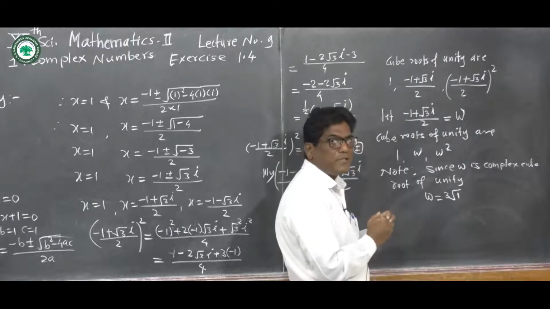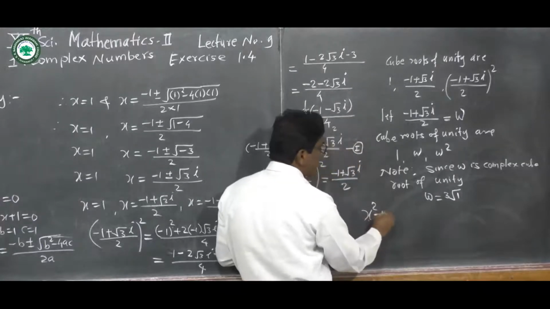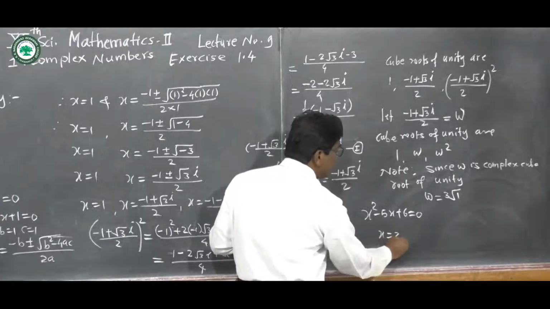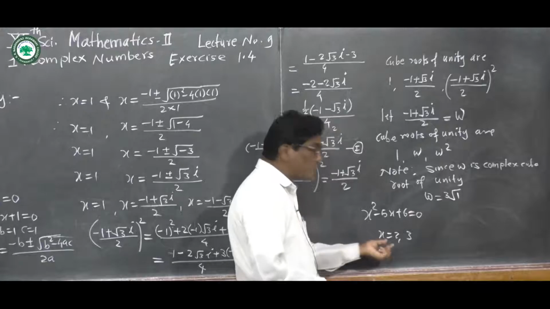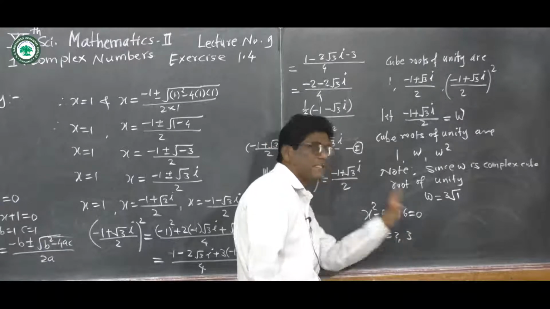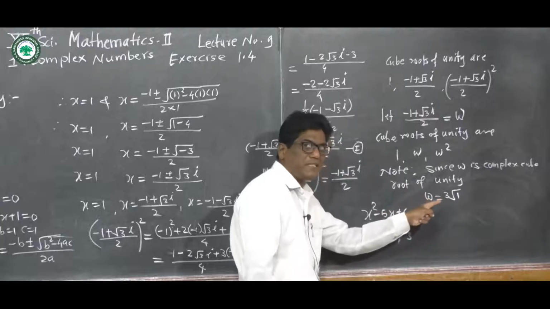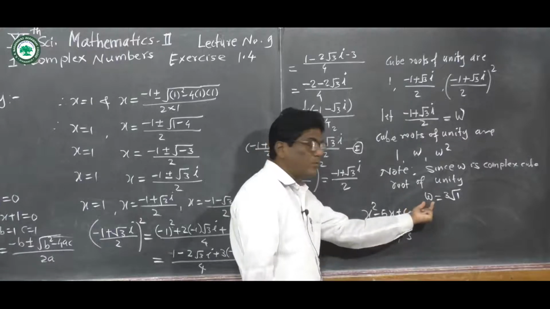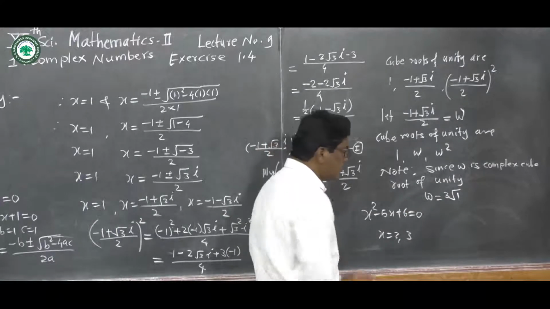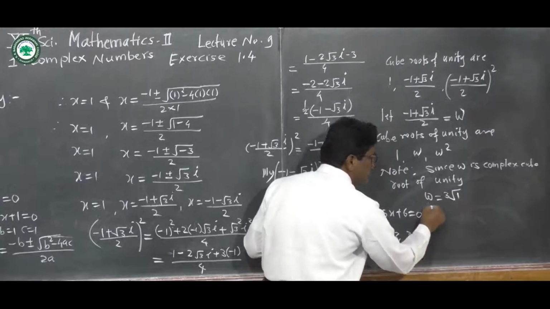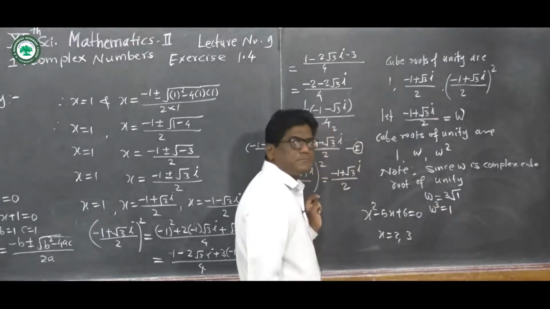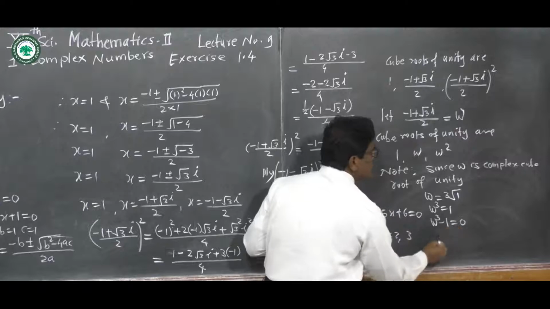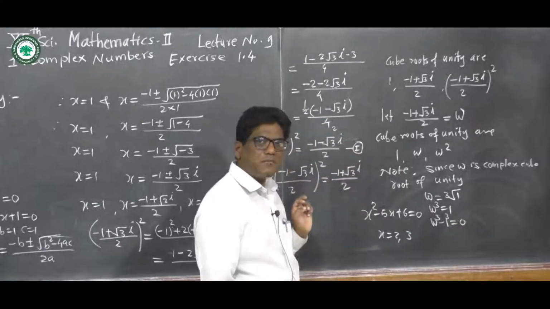We know that when x squared minus 5x plus 6 is equal to 0, this is a quadratic equation, and x is equal to 2 and x is equal to 3 are the roots of this equation, means 2 and 3 satisfy this equation. Similarly here omega satisfies the equation x is equal to the cube root of 1. In place of x we put omega, so omega is equal to the cube root of unity. If we cube both sides, we get omega cube is equal to 1. Carry 1 across, so we get omega cube minus 1 is equal to 0. 1 means 1 cubed.